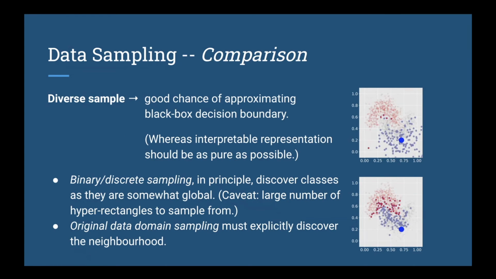So assign different classes by the black box, because you want to discover the decision boundary of the black box, because ideally, this is what you want to mimic with your surrogate. And again, you could use the same two metrics, but you would try to optimize them on the other end of the spectrum. So you want to have as diverse sample as possible.